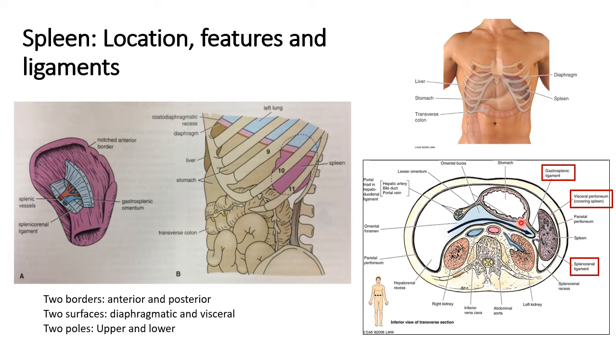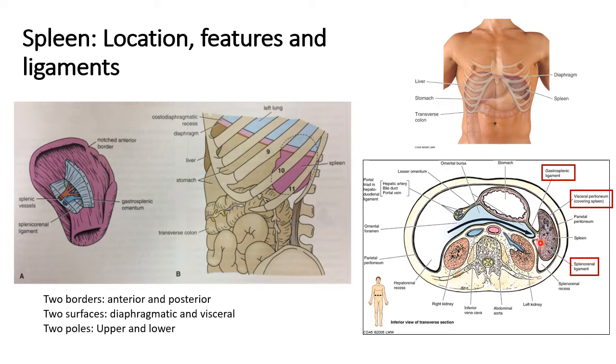The peritoneal folds related to the spleen: first of all, it's an intraperitoneal structure covered by the visceral peritoneum. So this is the visceral peritoneum covering the spleen.